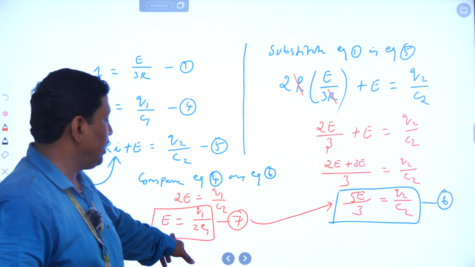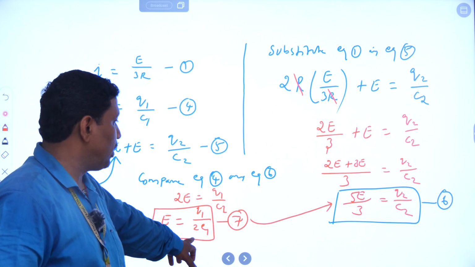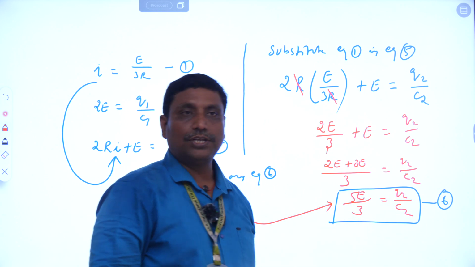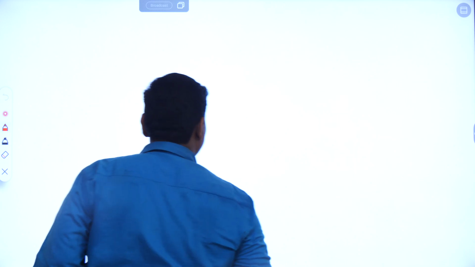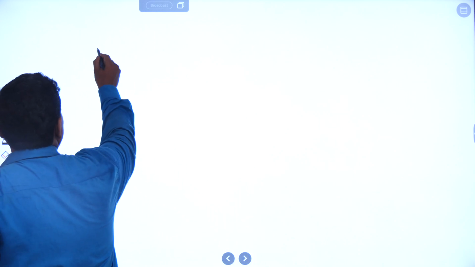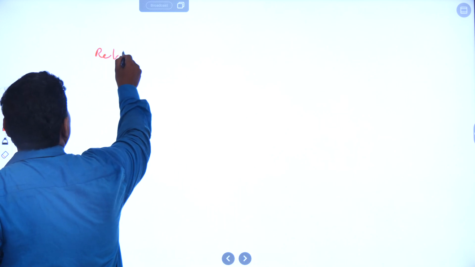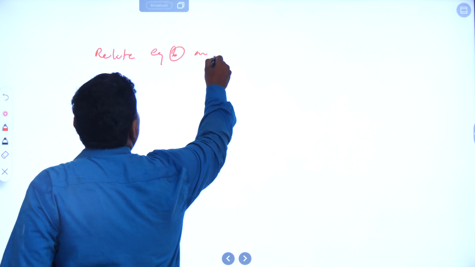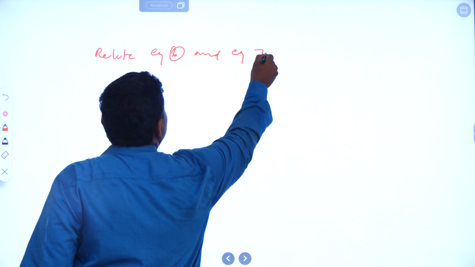So now E equal to Q1 divided by 2C1 and 5E divided by 3 equal to Q2 divided by C2. Clear? So next relate equation 6 and equation 7.